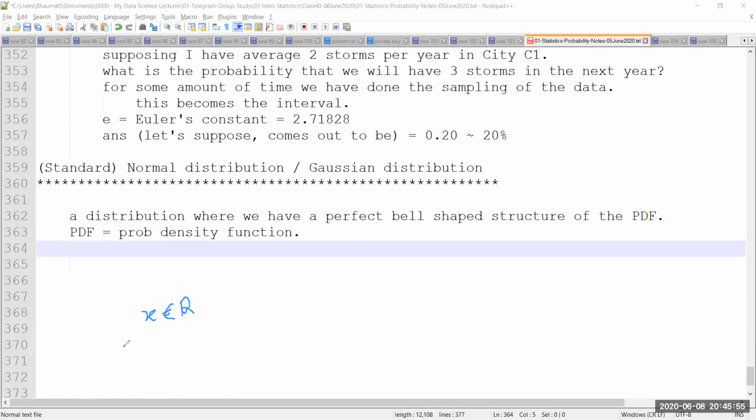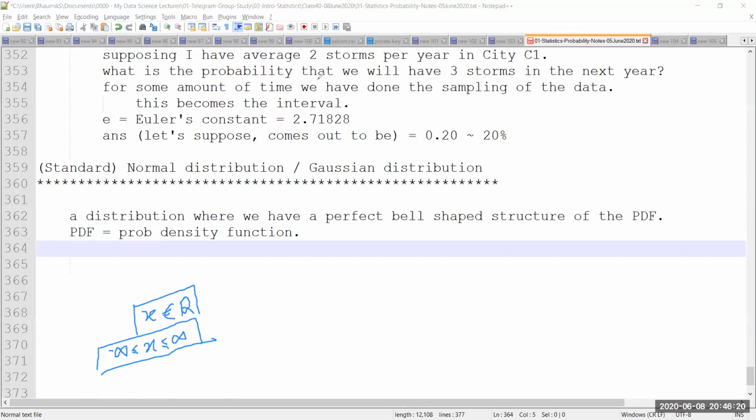And let's say it can range from minus infinity less than or equal to x, while x is less than or equal to plus infinity. So this is the range of the random variable x. It can take any real value between minus infinity and plus infinity. That is its range, and it's part of the set of real numbers.